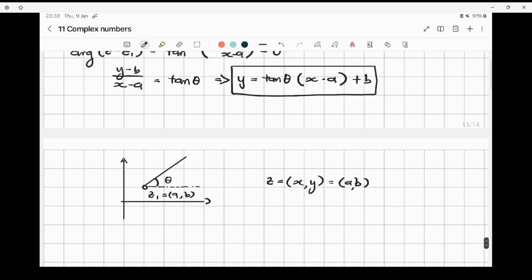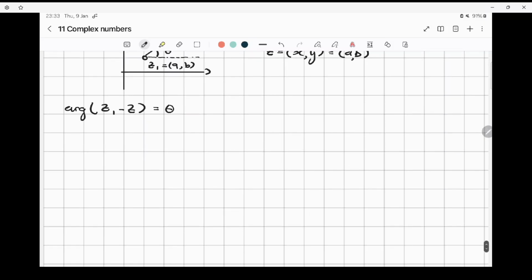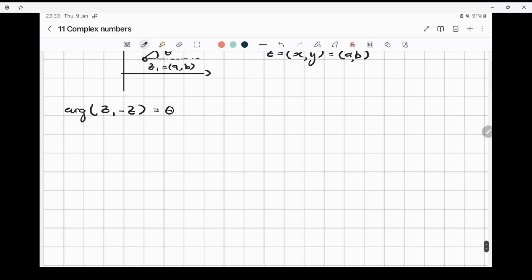So now in the textbook, they also introduce this particular notion, the argument of Z1 minus Z. So how would you actually handle this kind of equation? Okay. So what I would do here is as follows.